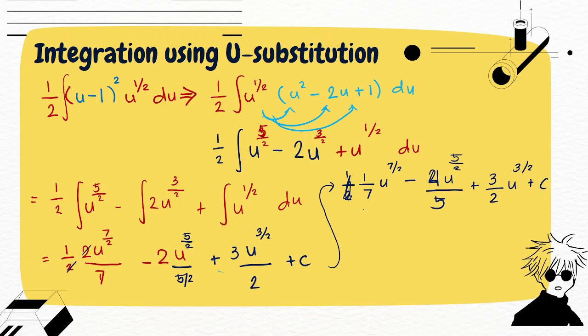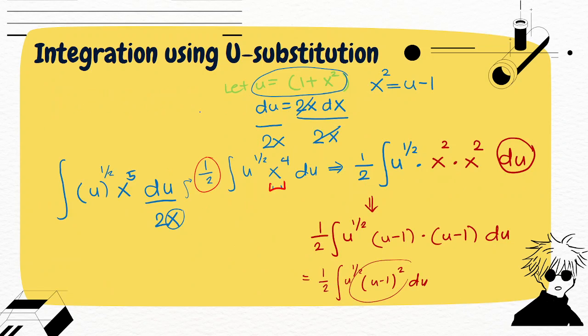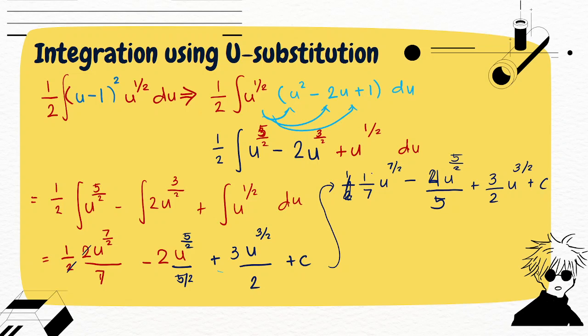So, substitute ko si u. Ano yung u ko? Kanina, 1 plus x squared.